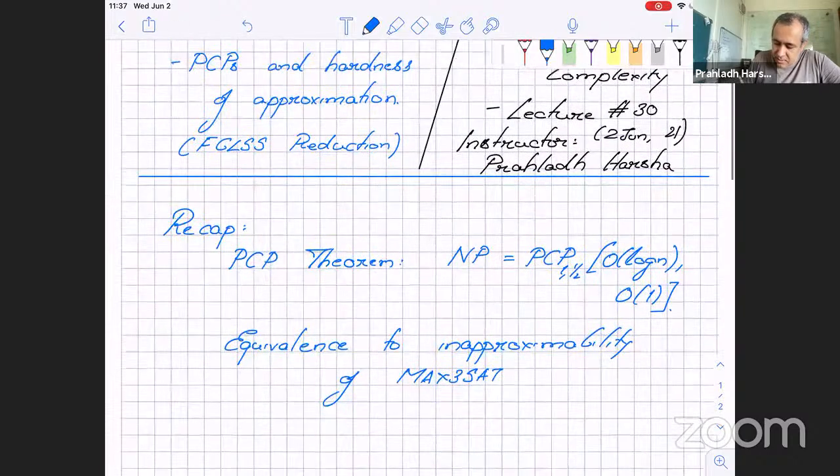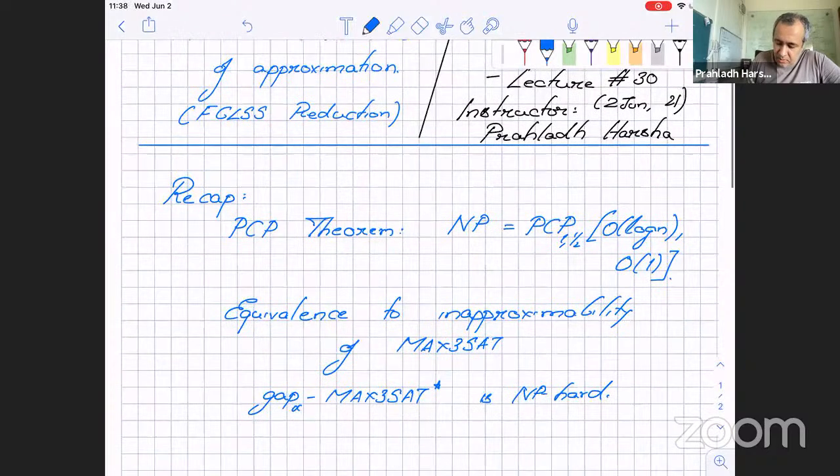Basically we saw that gap alpha max 3 SAT star is NP hard. So this said something about the hardness of gap max 3 SAT, how hard it is to approximate. That is, there is some constant up to which you can approximate, and after that you can't.